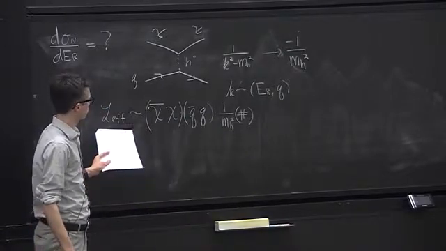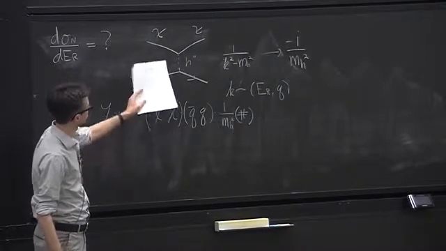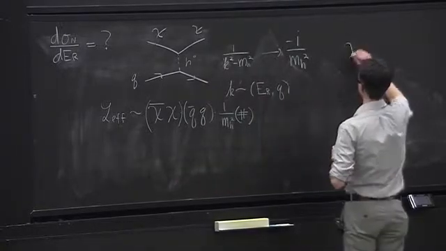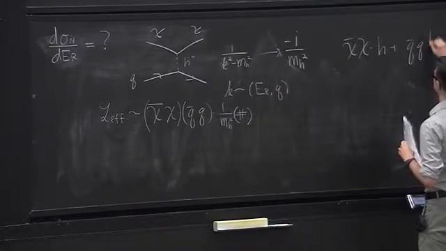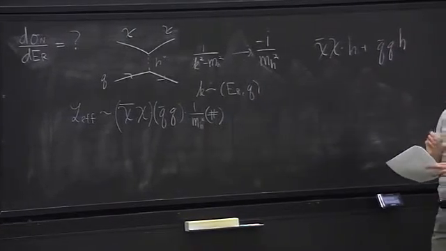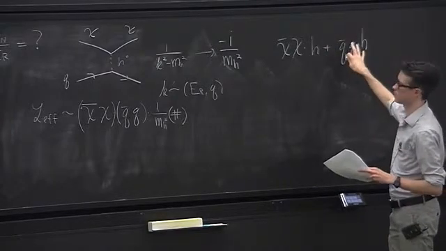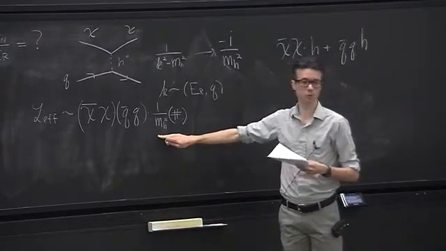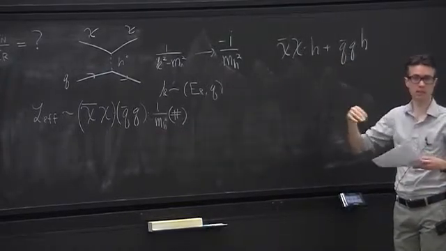Because if I take this effective Lagrangian and I compute this amplitude, I would get the same answer as I would have gotten from my original theory, where my original interaction would be chi bar chi Higgs plus q bar q Higgs. So the point is that this Lagrangian for low momentum transfer gives me the same interactions as this effective Lagrangian. And it's just easier to work with an effective Lagrangian than it is to work with the full thing with the Higgs, because I'm never actually going to see the Higgs in the process.